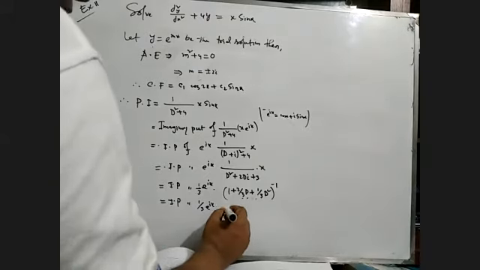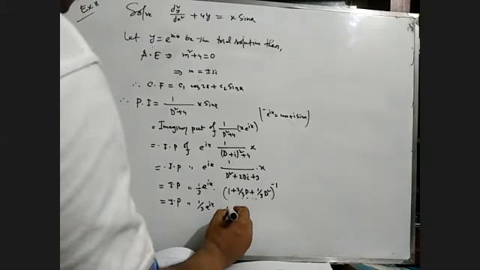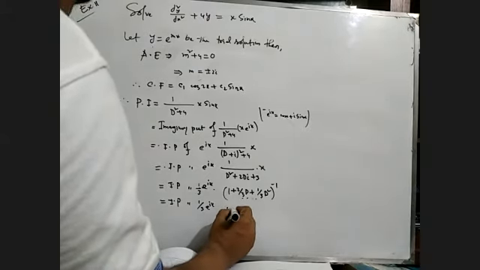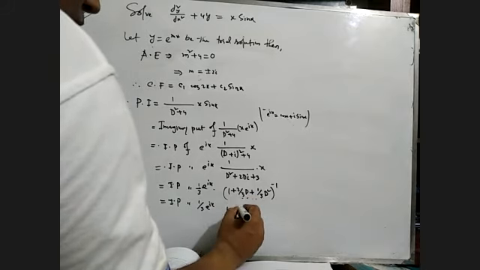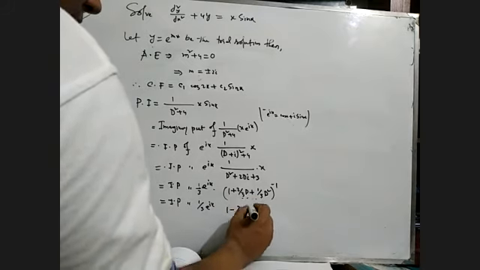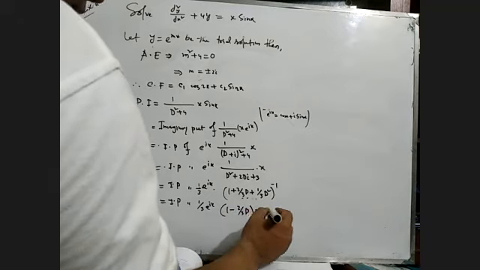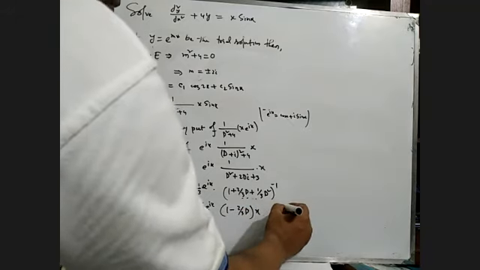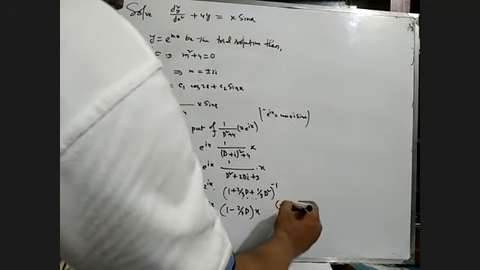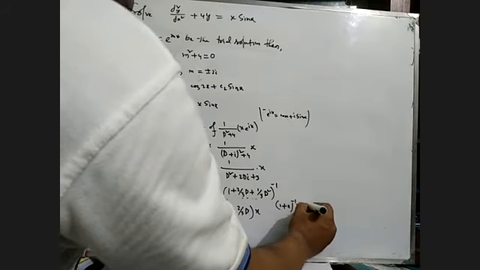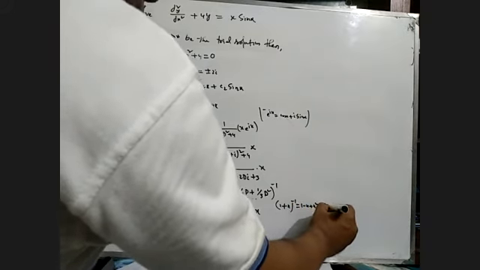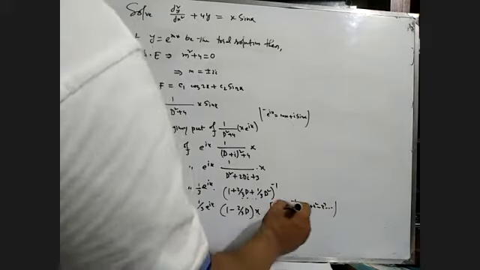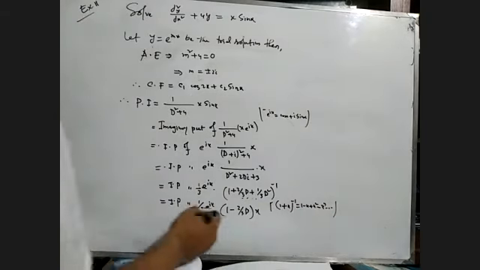Okay, so this means what? 1 minus x, where x means 2 by 3 D, because 1 plus x to the power minus 1 equals 1 minus x plus x square minus x cube, in this way. This is the series, just using this series.